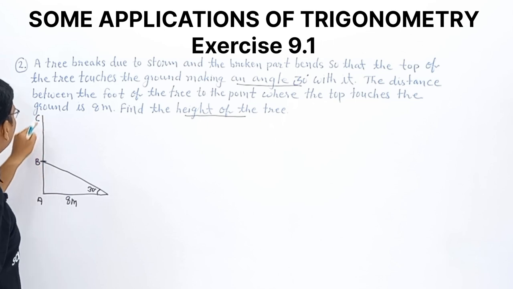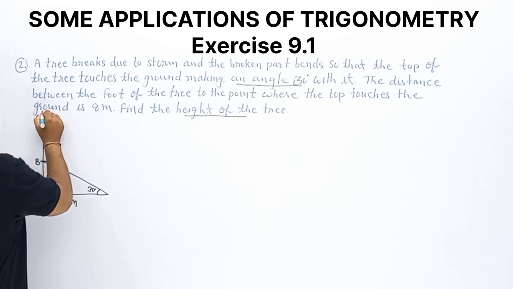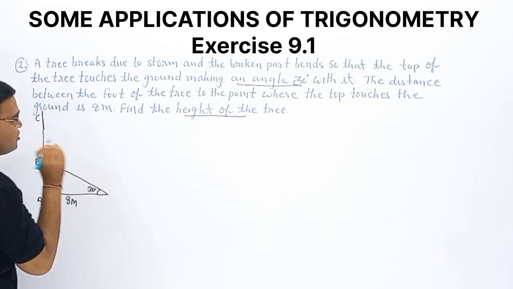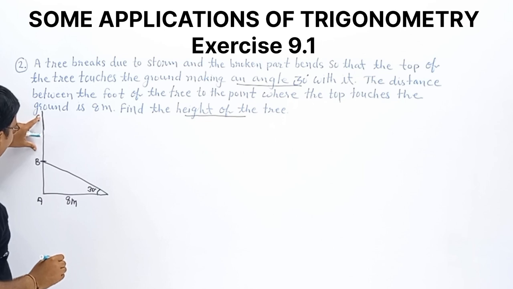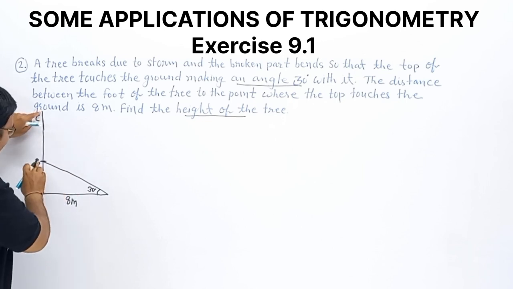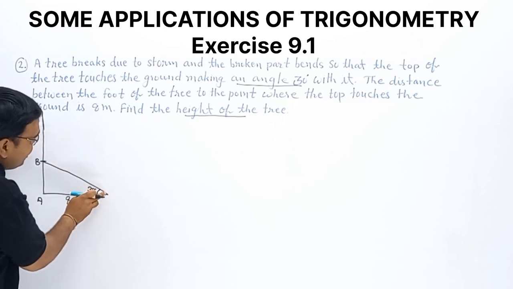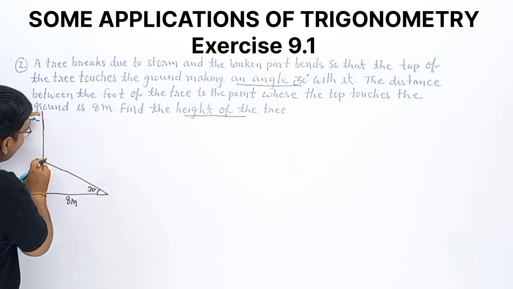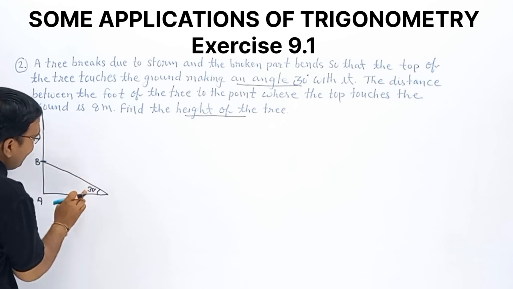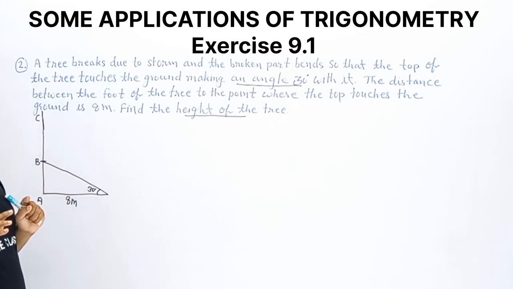This one and this one are the same length. Why? Because this is the broken part, and after breaking it bends, making an angle of 30 degrees with the ground.